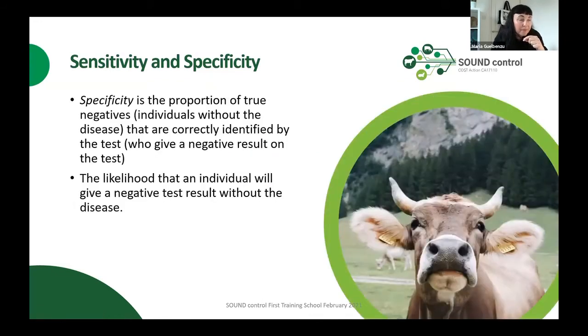Specificity then is the proportion of true negatives. So those are individuals that do not have the disease that are correctly identified by the test, so that give a negative result in our test. Or we can also talk about this as the likelihood that an individual without the disease will give a negative test result.